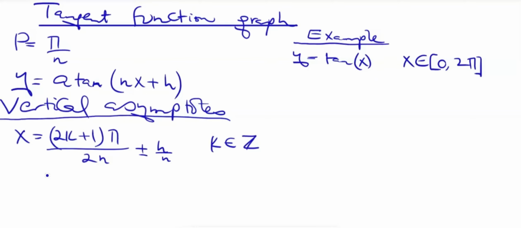We start with the vertical asymptote. The vertical asymptote for this will be (2k plus 1) pi over 2n plus or minus h. The h value is 0, we don't have any translation on the x-axis, so we don't need to worry about that.